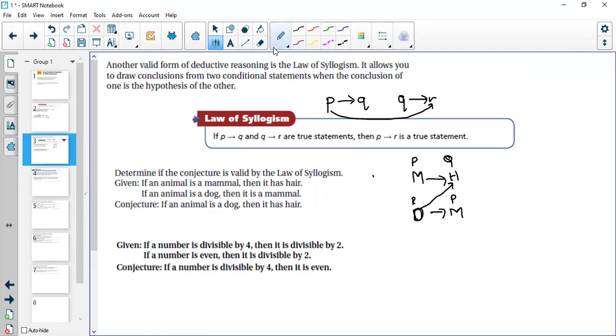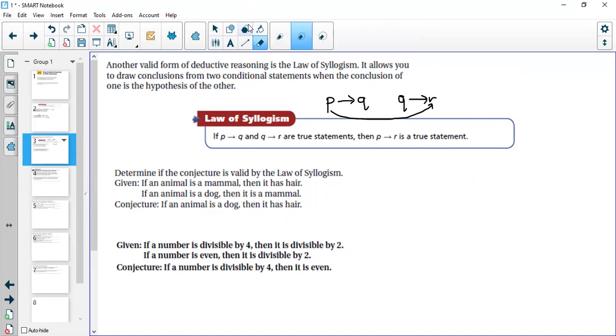I think it's better I write it down in words so that it will be easy for you to understand. So let's start from the beginning.